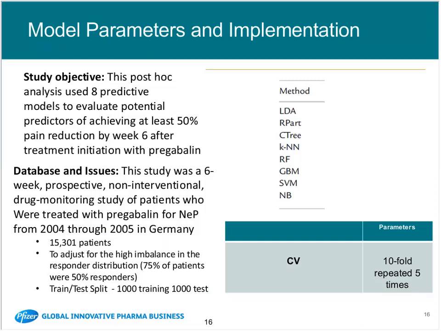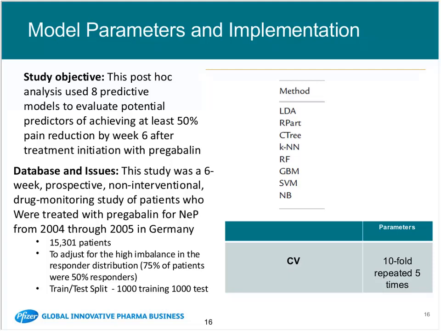Our interest was how can we predict the patients achieving at least a 50% pain reduction by week 6 after treatment initiation with a drug called pregabalin. We used a spectrum of machine learning algorithms, such as linear discriminant analysis, kind of simple stuff, naive Bayes and whatnot. And again, we just utilized tenfold cross-validation repeated 5 times in this implementation.